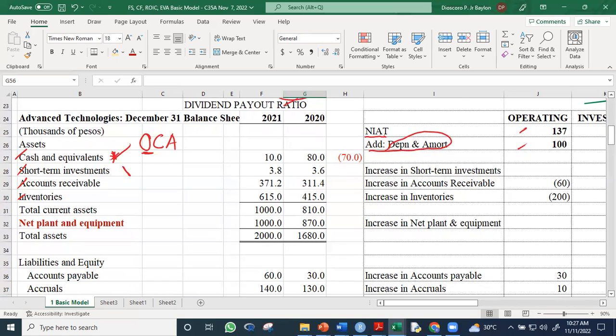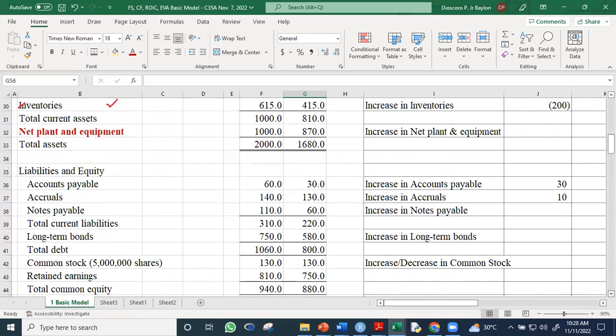Short-term investments is not. Okay, because this is interest-bearing. So this will not form part of your operating current assets. Accounts receivable is okay. Inventories is okay. So of the four here, only short-term investments is not part of your operating current assets. Okay. On the other hand, here, for your current liabilities, accounts payable is part of operating current liabilities, yes. Accruals is part of your operating current liabilities, but notes payable is not, because notes payable is interest-bearing.